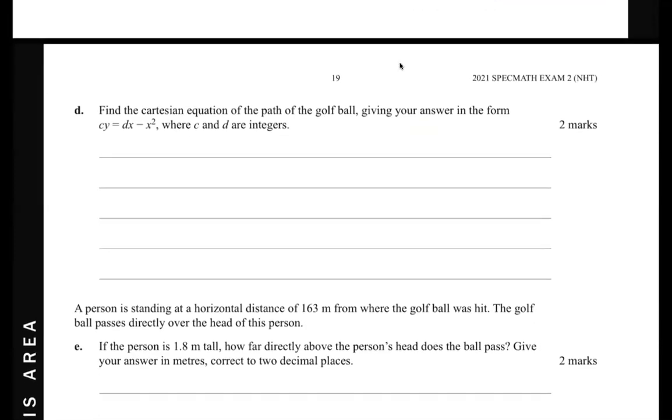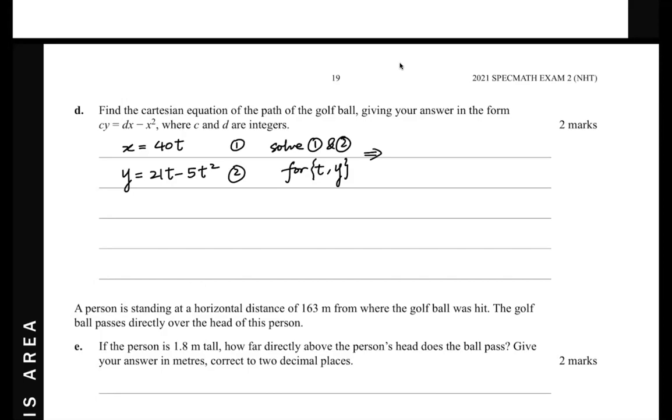Find the Cartesian equation of the path of the golf ball, giving your answer in the form cy equals dx minus x squared, where c and d are integers. So your x component is 40t, y is 21t take away 5t squared. Now, if you use your CAS calculator, solve 1 and 2 for t, y.